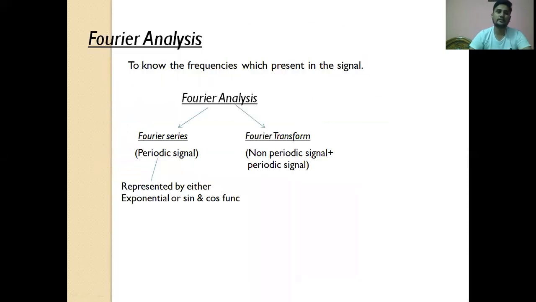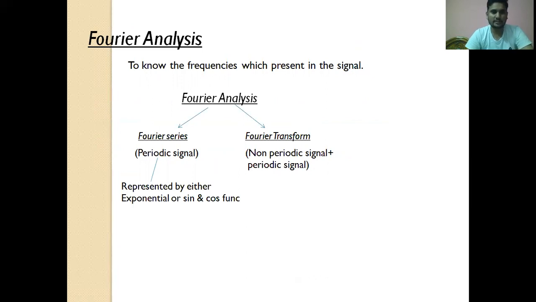To know the frequencies present in the signal, we use Fourier analysis. We want to know two concepts here: the Fourier series and the Fourier transform. The Fourier series is for periodic signals, and the Fourier transform is for non-periodic signals as well as periodic signals.